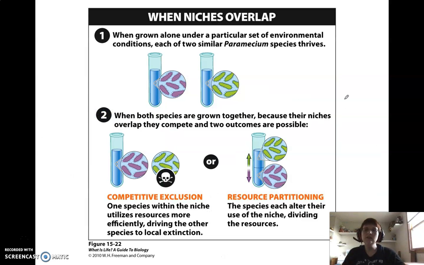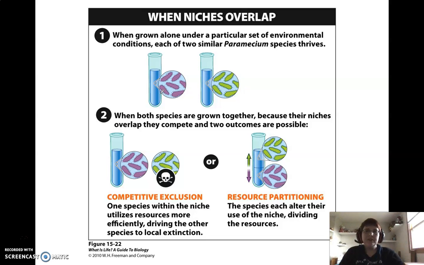So let's take a look at what happens when these niches are going to overlap with each other, because this is our first big interaction between organisms. So what we have here is competition. So when we've got these two paramecium by themselves in their little test tubes, they are perfectly fine. The populations will grow to large numbers.